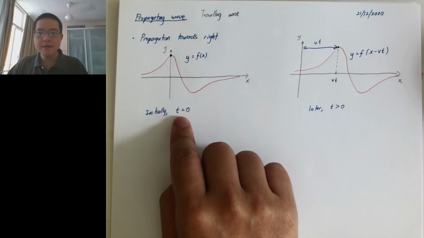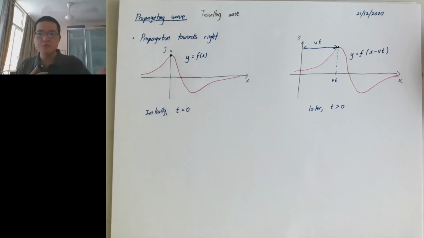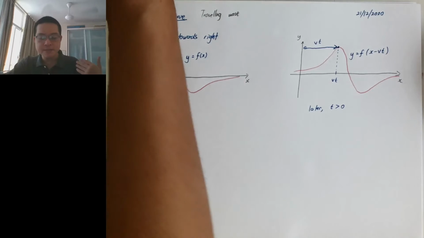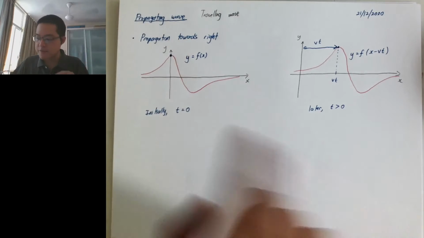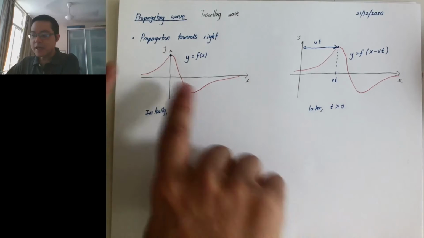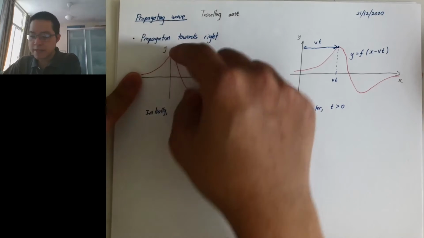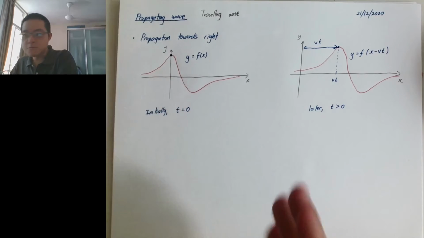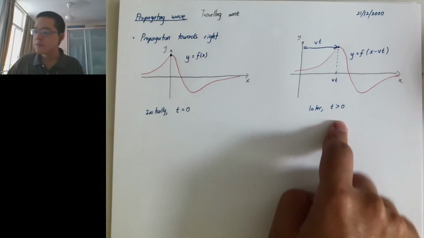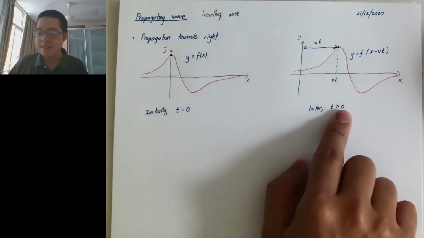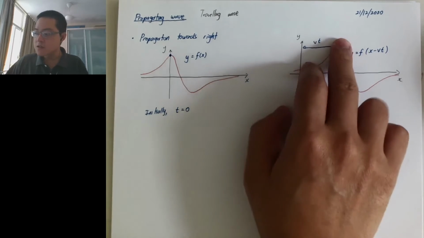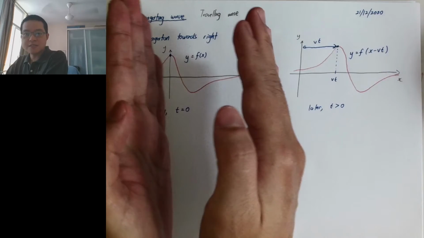But as I said, a wave is something that propagates over time. That means at different times you get a different graph. At a later time, let us suppose we are talking about a propagating wave, and the whole thing will travel to the right. At some time t later, the whole shape of the graph has moved to the right.